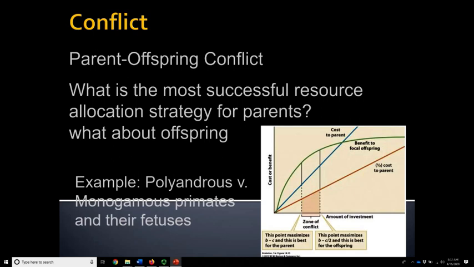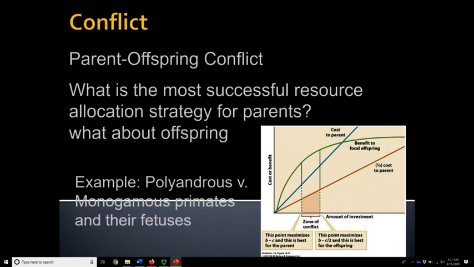Now, this prediction in polyandrous systems, remember a polyandrous system is where one female has more than one mate available. And so in polyandrous systems, females have more support, more protection, perhaps more food being brought to them. So the prediction is that polyandrous primates have the potential to grow larger fetuses because the mother has more support from multiple mates.